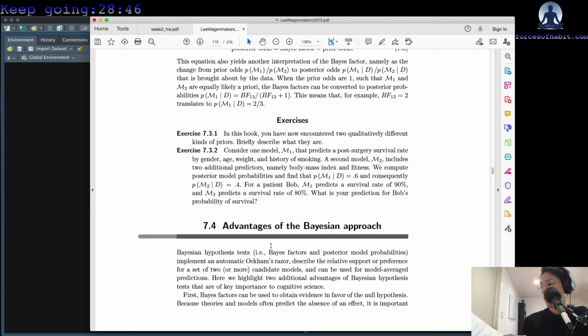These tell us what data to expect given those subjective beliefs we had stated. So this is a distribution over the data, right?